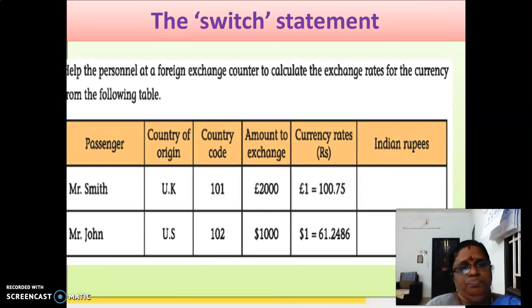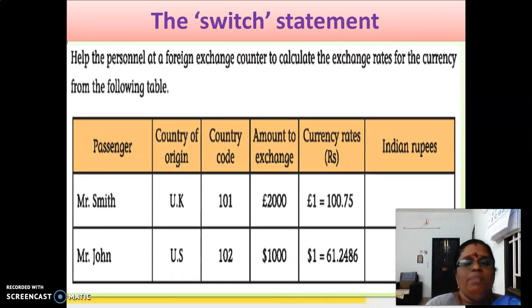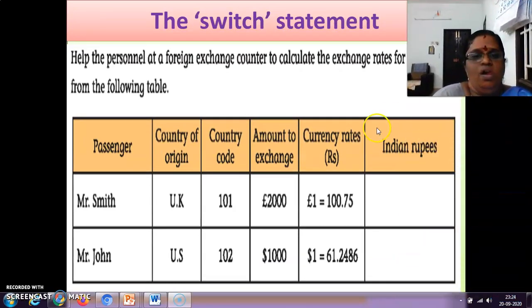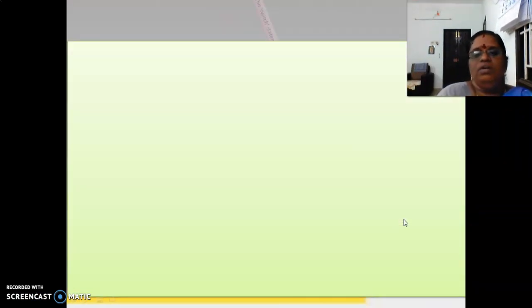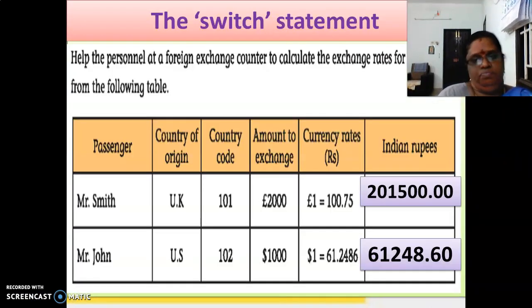The next one is about this person to help the Indian rupees, right? So the answer for passenger Smith, Indian rupees is this, and for passenger John, the Indian rupees is this.